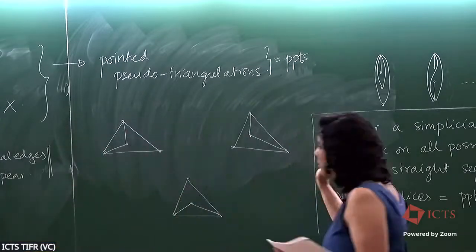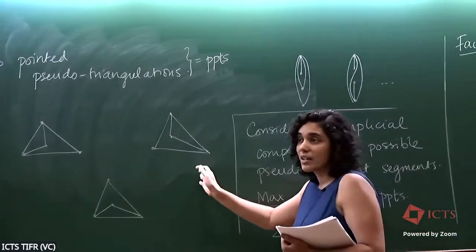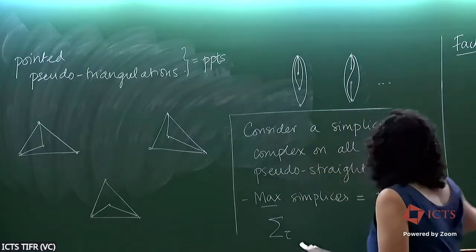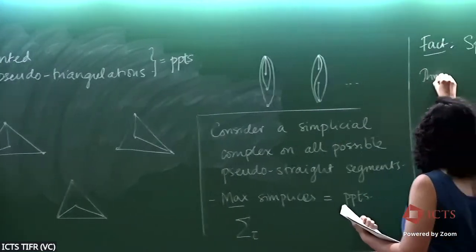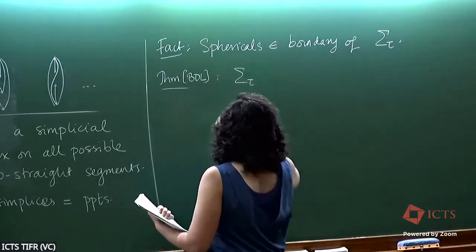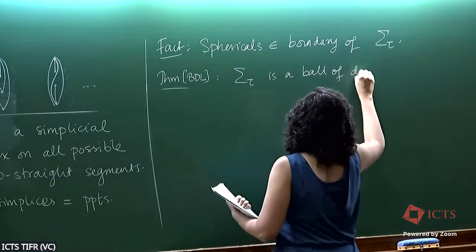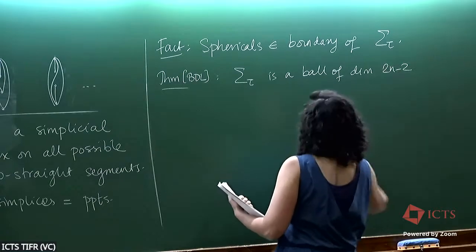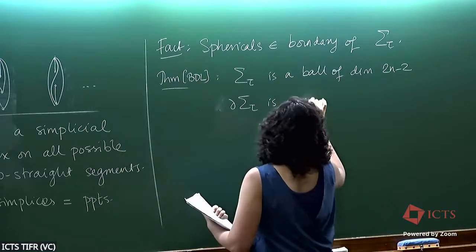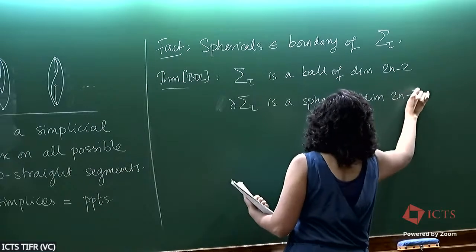So the theorem that you get out of this is that by studying deformations of stability conditions and how HN factors change, you get the topology of this simplicial complex. And the output is that this sigma tau is a ball of dimension 2n minus 2, and its boundary is a sphere of dimension 2n minus 3.